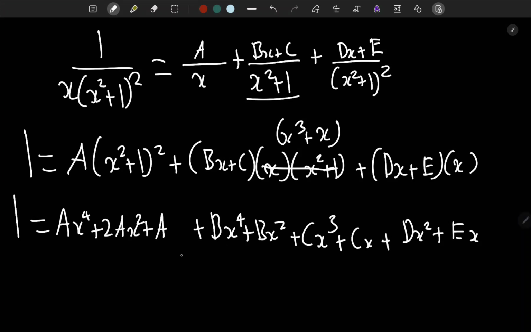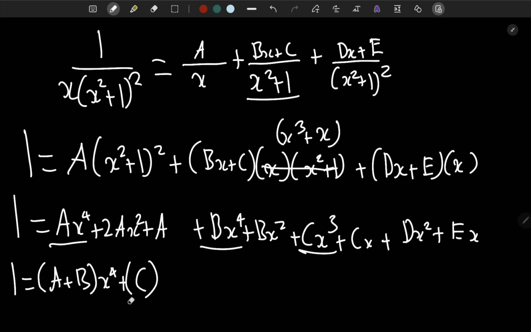So we can factor a and b together since both of them have x to the power of 4. So we can write a plus b times x to the power of 4. Now next is x to the power of 3, and we only have a c for that. So c into x3 plus, now for x2 we have 2a, b, we don't have a c, we have a d.